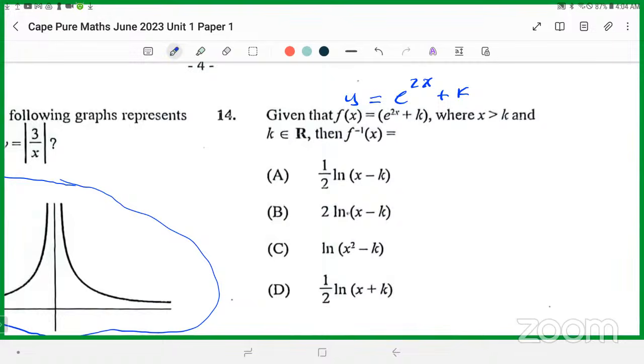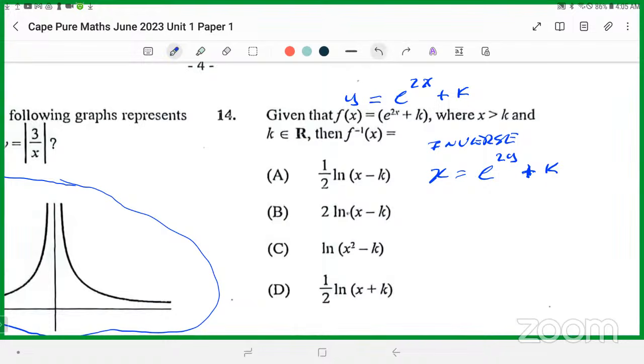And forming the inverse, we just interchange the x and the y. The inverse would be that x is equal to e to the 2y plus k. When we find this y, we have found our inverse. So basically trying to make y the subject.